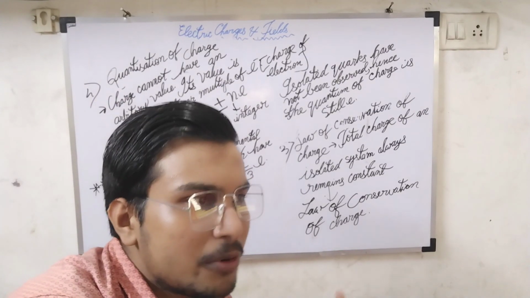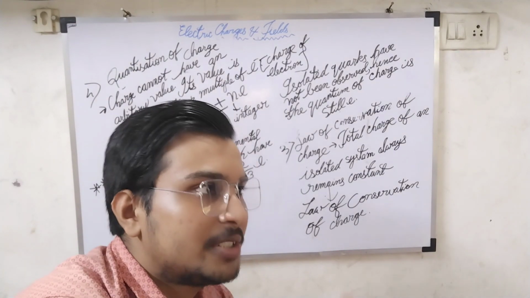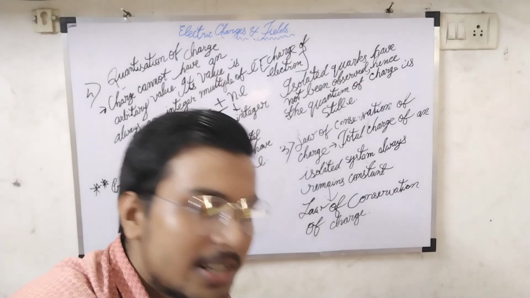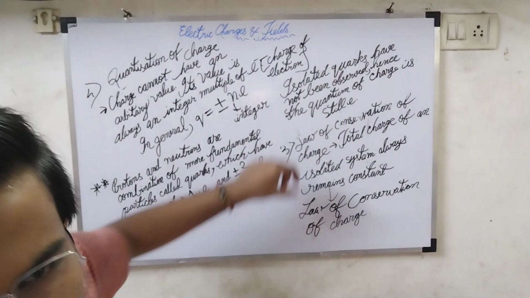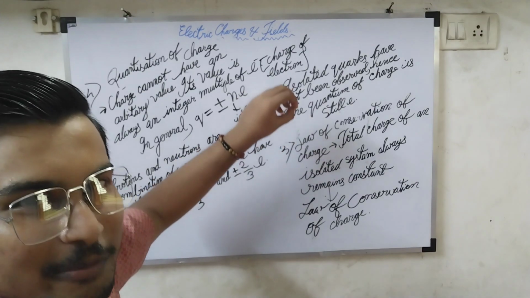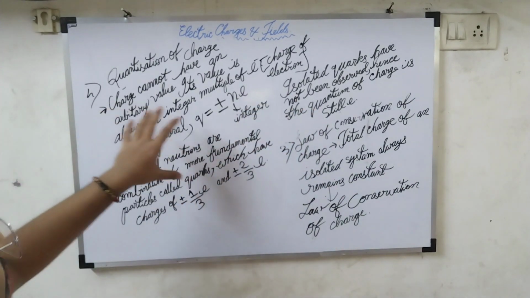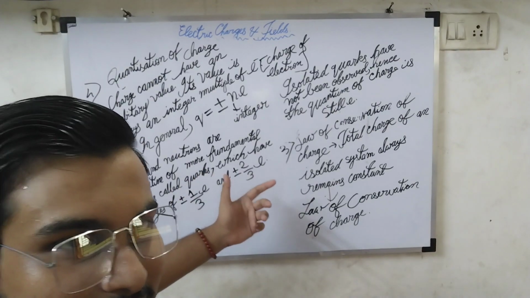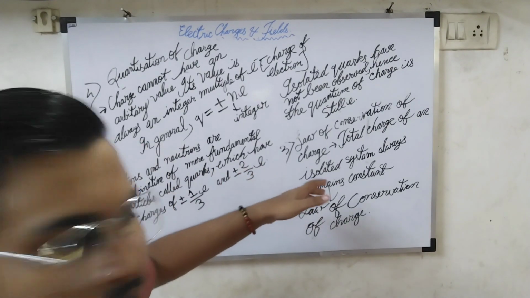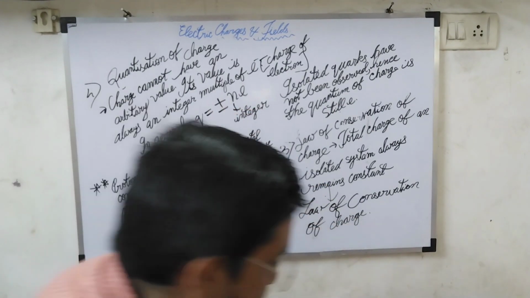Then if you go into the second chapter, electrostatic potential and capacitance, and current electricity, it will be better for you. But for that, we need to understand this chapter properly. I think you have written it down, so I'm rubbing it off and continuing with the sums.